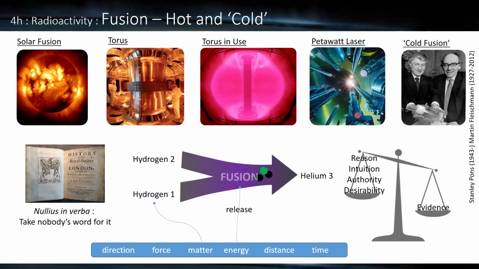Now, very unusually, the board has included a piece of failed science in the syllabus, and that is cold fusion. These two scientists, Pons and Fleischmann, way back in 1989, stunned the scientific world by claiming they could do the same thing in a very small, relatively cold, room temperature device here.